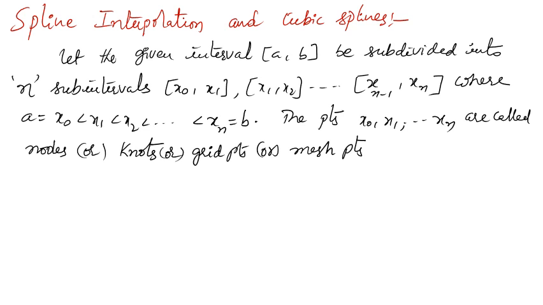And the points x1, x2, and so on, xn minus 1 are called, what are these points? x0 is not there, xn is not there, intermediate points. So these are called internal nodes.